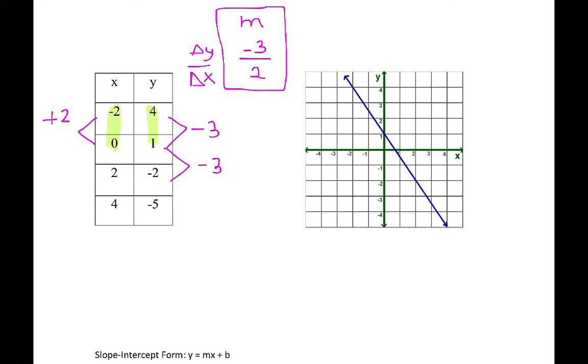All right, so now we need to find our y-intercept. Well, to identify our y-intercept, the y-intercept is the y value when the x is 0. So if I'm looking at my table, I see that x is 0 right here. So I know my y-intercept is a positive 1.